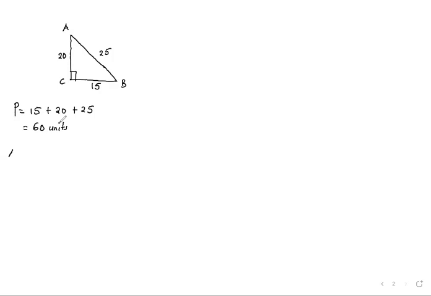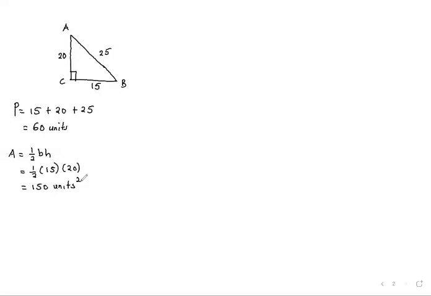Then find the area. Area is half BH. So half 15, H is 20, which is the same as 150 units squared. We are talking about area. Then what else?